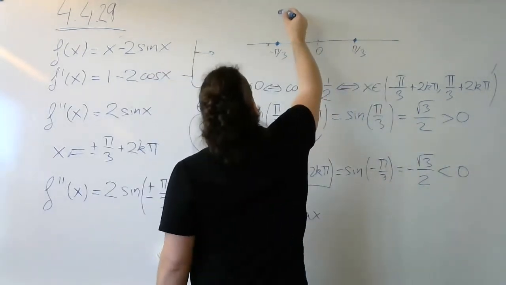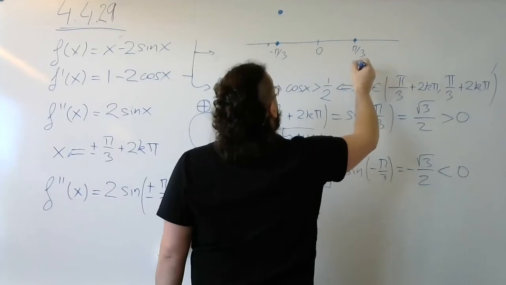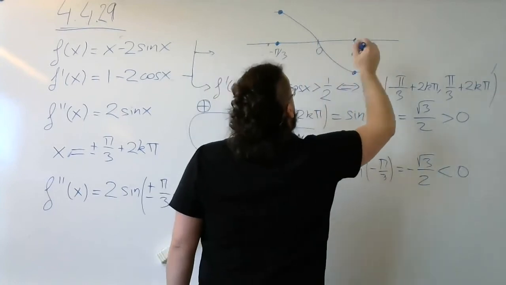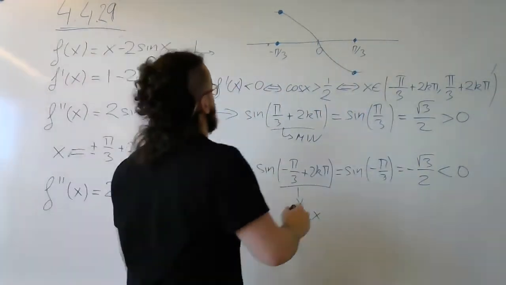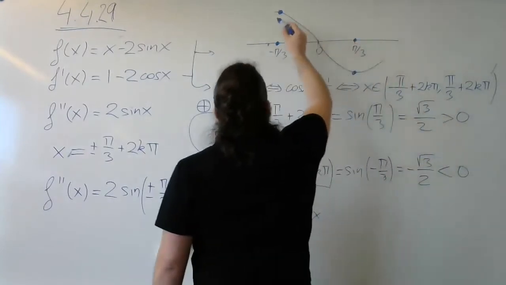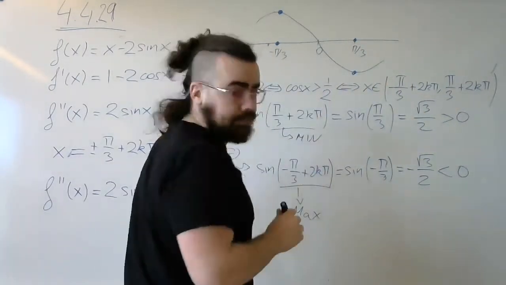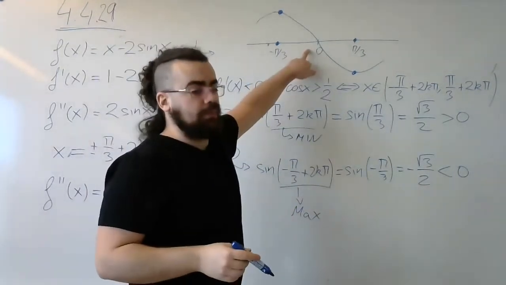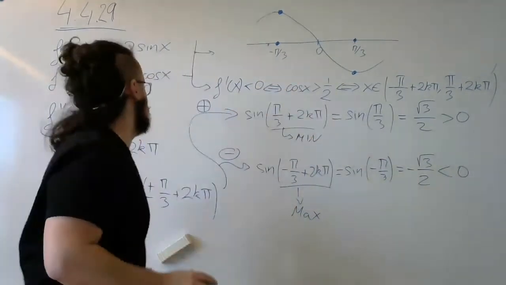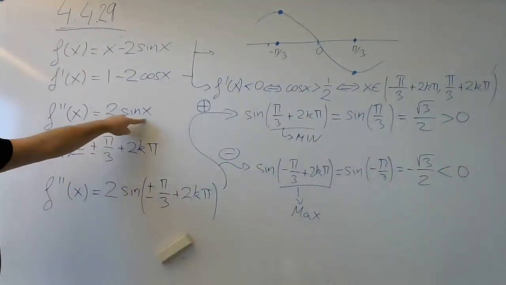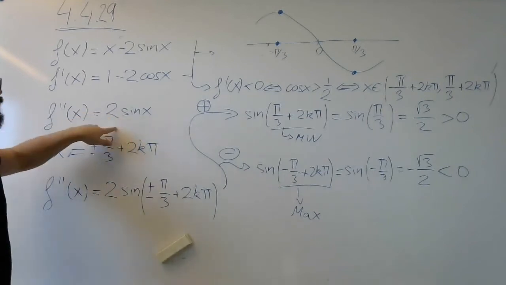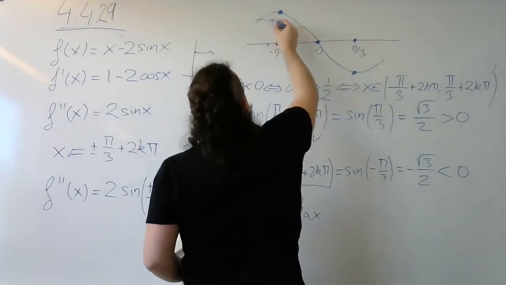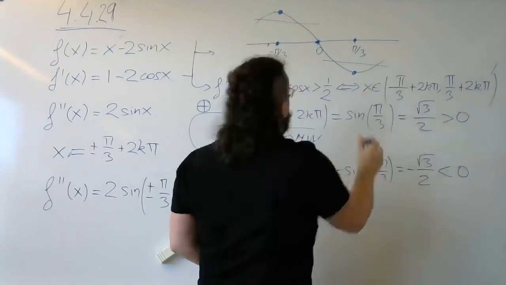So the image will be something over here, and the image of this will be something over there. So the function is something like this. Now, you may be wondering, but there is an inflection point here. There absolutely is an inflection point here. Second derivative is the sine. This equals 0 happens here, so we have a change of concavity and convexity here. If you look here, this region is concave, this region is convex, or the other way around.